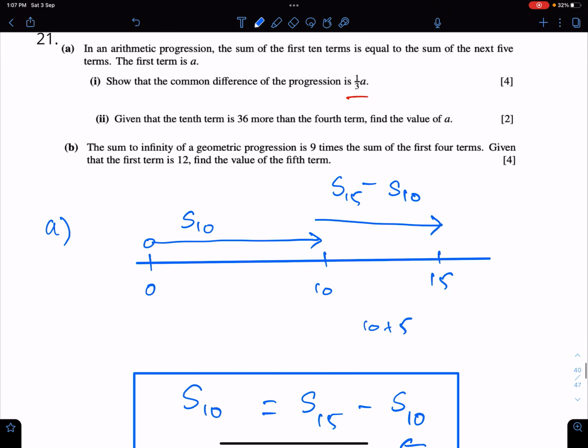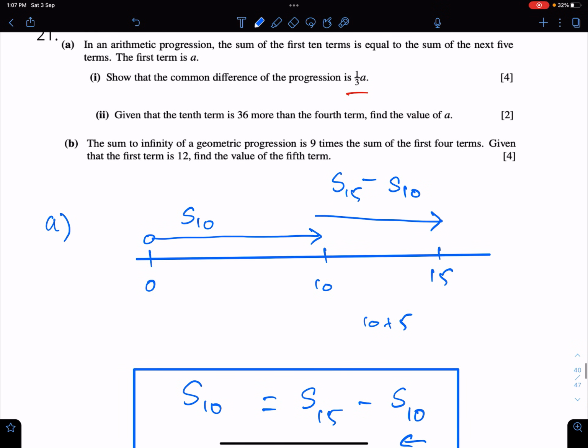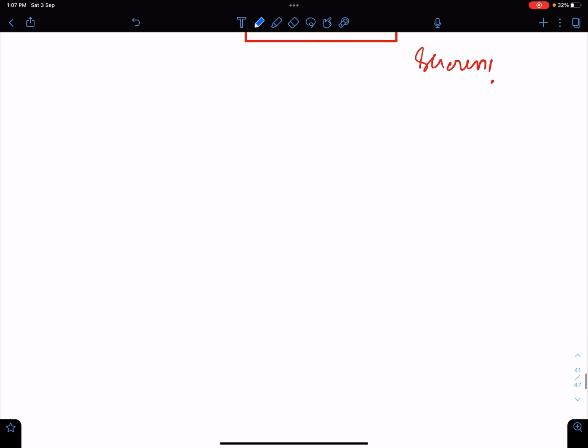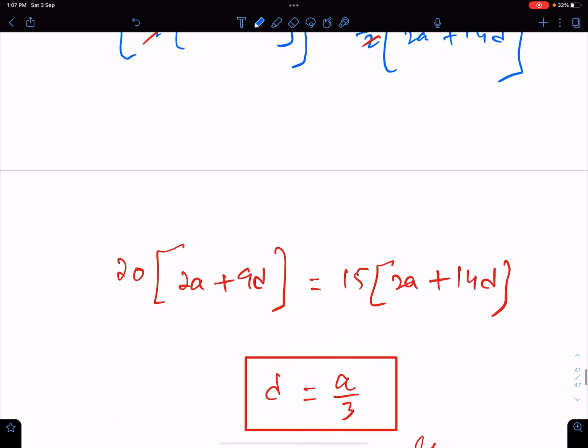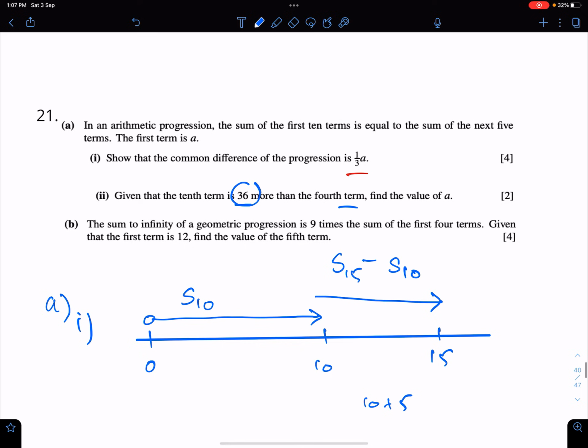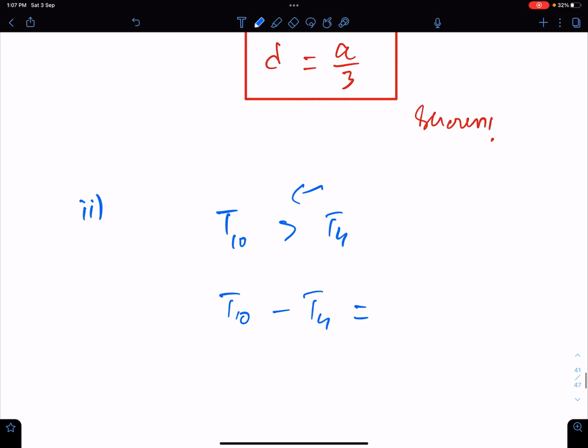Now the next part of this question. Given that the 10th term is 36 more than the 4th term, the 10th term is greater than the 4th term. When you bring this here, their difference is 36.